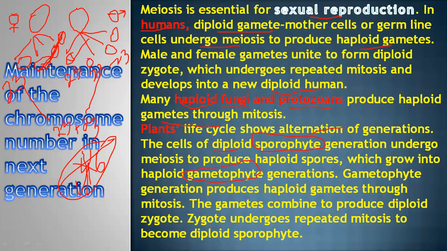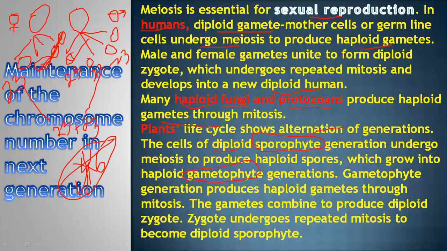The sporophyte generation is the green plant which we see around us. All the trees, herbs, shrubs and plants are sporophytes, the higher plants which have xylem and phloem in them. Their cells have a diploid chromosome number.